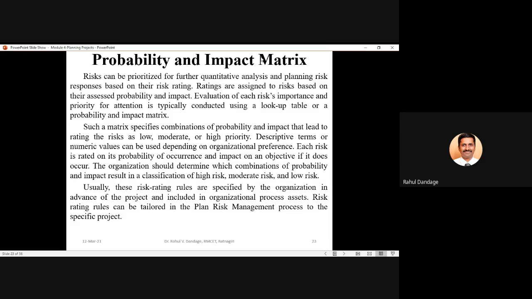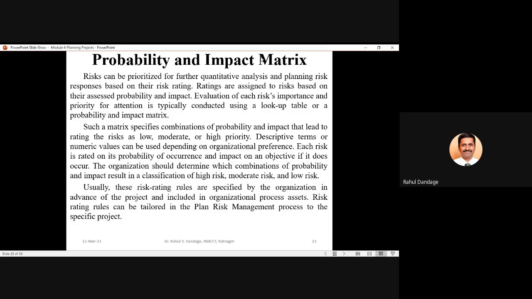Usually these risk rating rules are specified by the organization in advance of the project. So in the initiation phase, before your project is started, we prepare the risk rating rules in advance, and these are included in the organizational process assets.